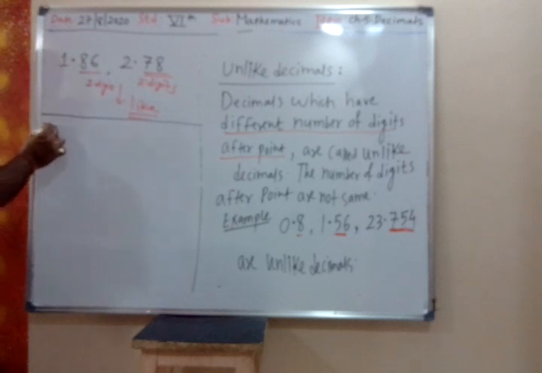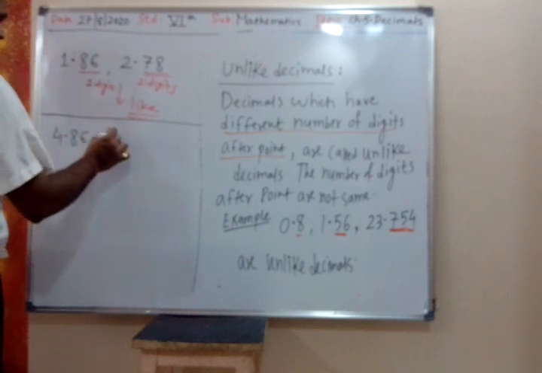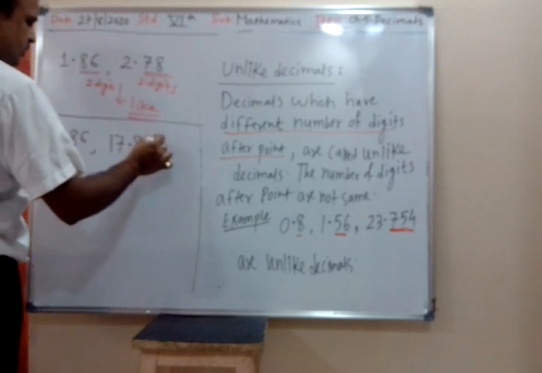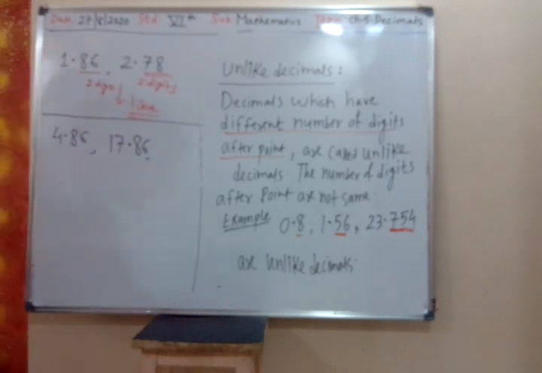Now 4.86 and 17.86. Whether they are like decimals or unlike decimals? Why are they like?